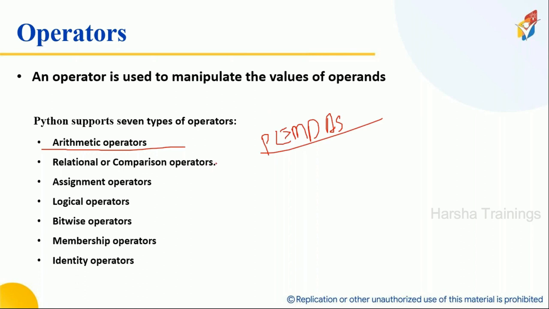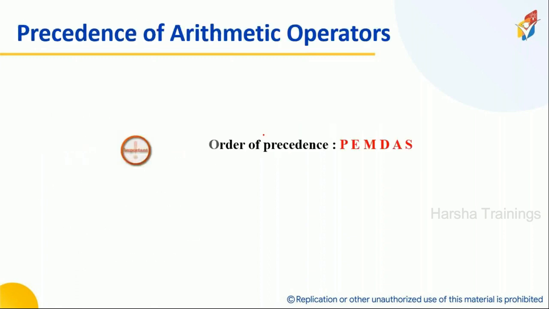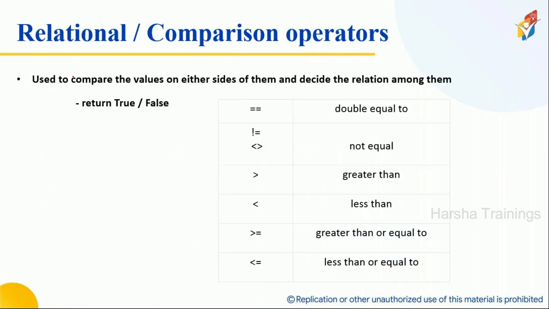The next operators are called relational or comparison operators. Relational or comparison operators are used to compare the values on either side. I have one expression, expression one, and I have another expression.